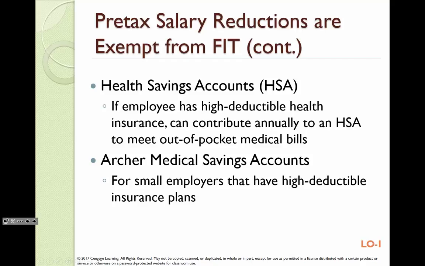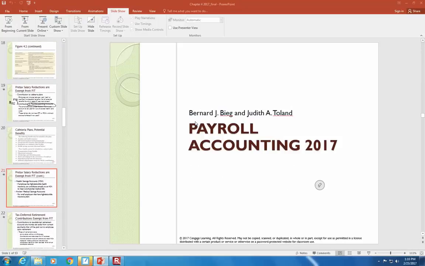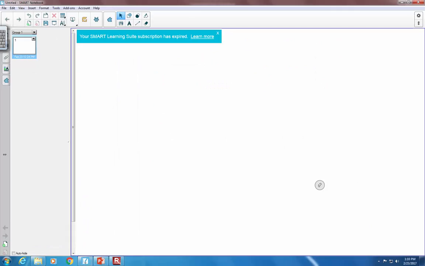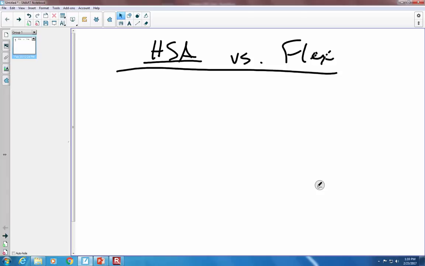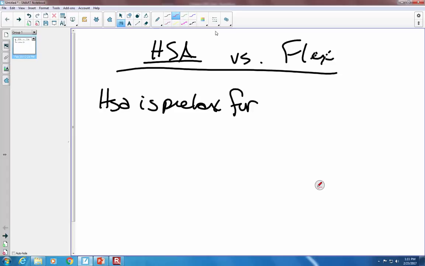Maybe we should put those up. The difference between an HSA and a flex, what's one of the things that we just talked about? So HSA is pre-tax only for what? In other words, if I put $100 a month into my HSA, which taxes do I get out from underneath paying?